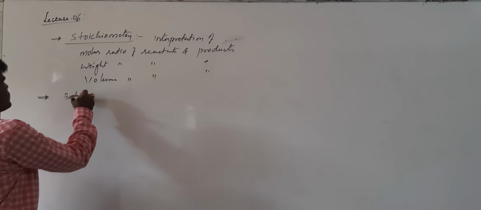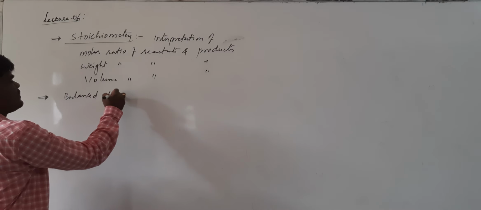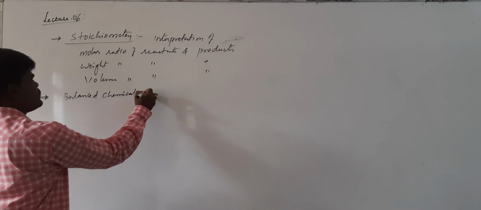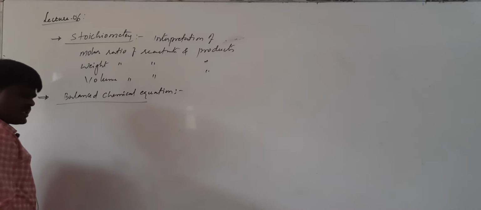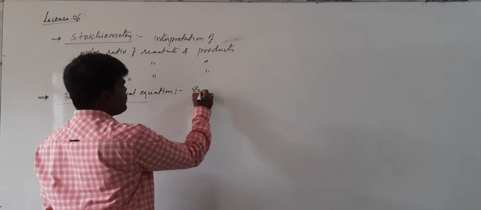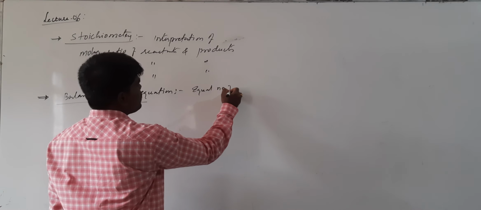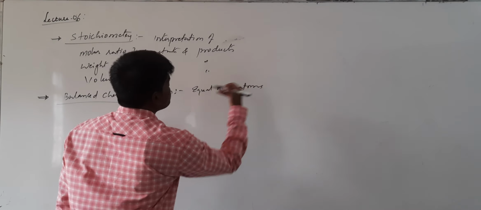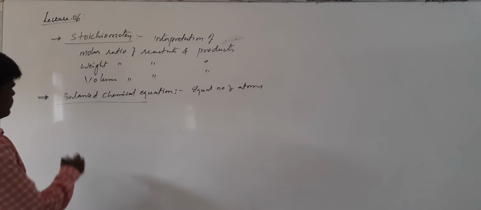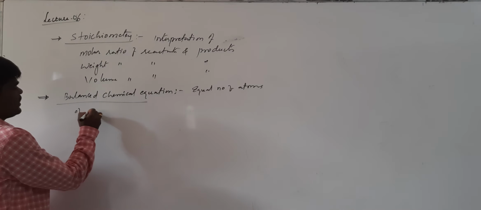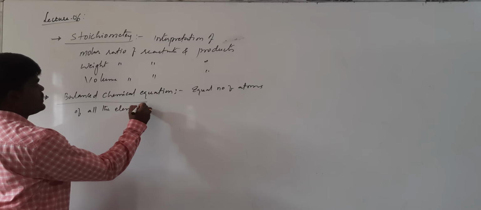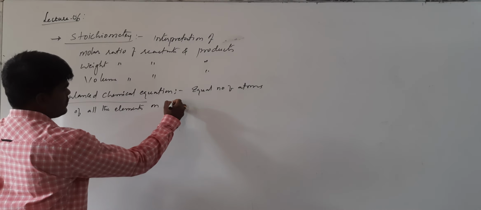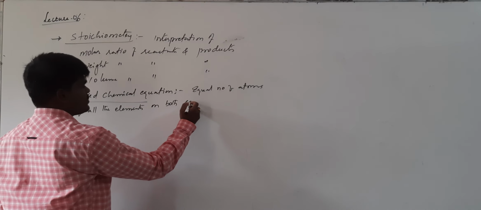Now, a balanced chemical equation consists of an equal number of atoms of all the elements on both sides of the equation.